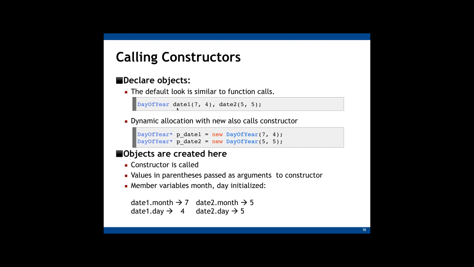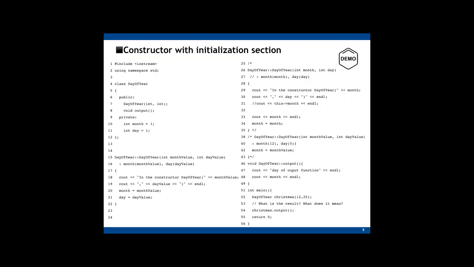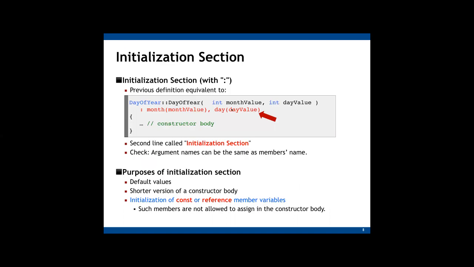So if we go back to the previous slide, this constructor received two arguments. So this constructor will be called, and these arguments will be used to initialize the member variables month and day.